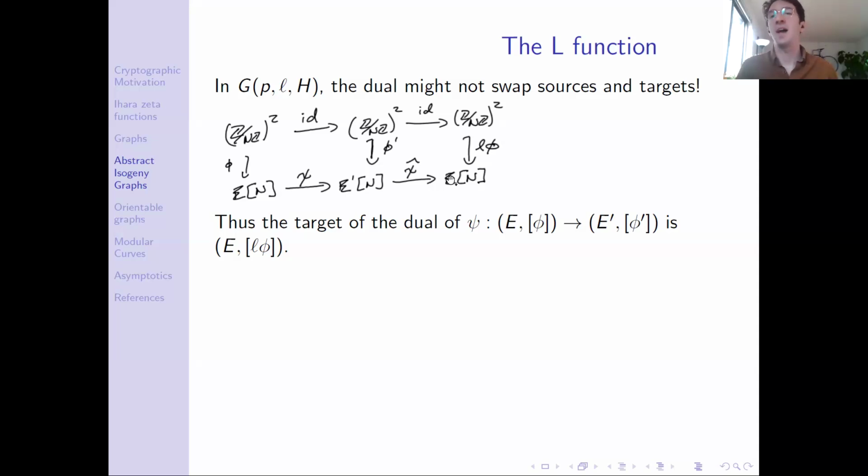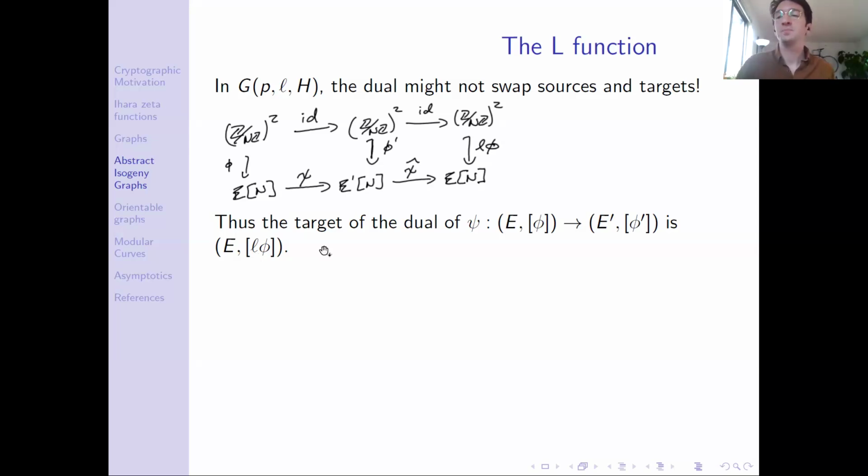I've multiplied it by L, right? So I've acted by the scalar matrix (L, 0; 0, L). And so the level structure that psi prime maps to is the level structure phi, but post or precomposed by L, the action of just multiplication by L. So the target of the dual of psi is actually E, but with a potentially different level structure.